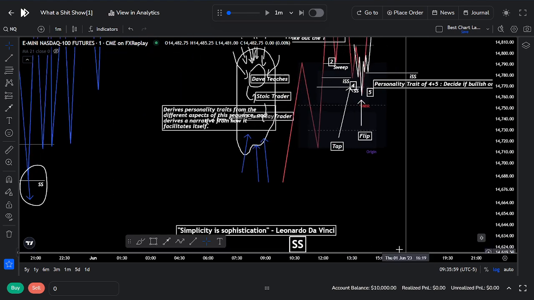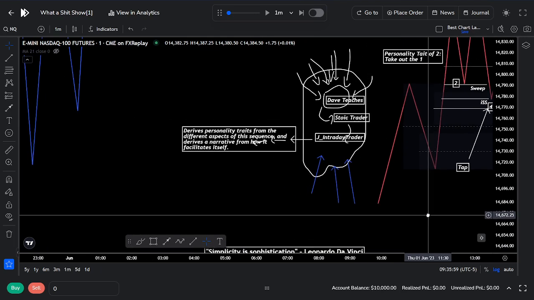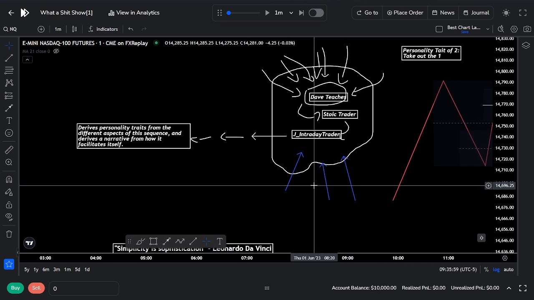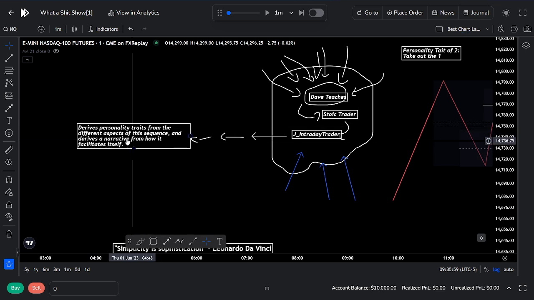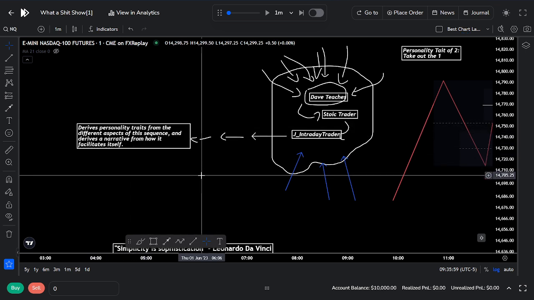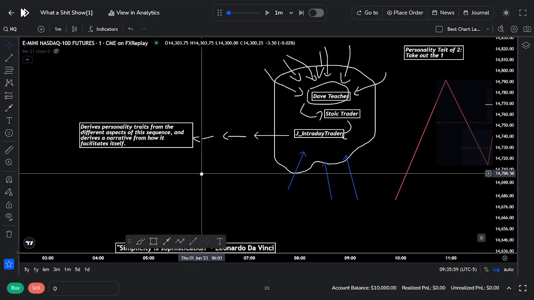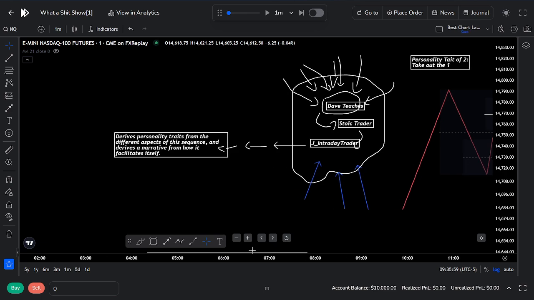And what he did is that for every single aspect of the sequence, you're now able to derive personality traits from the different aspects of the sequence, and how you can derive a narrative from these hyper specific aspects as to create a story for how price can potentially facilitate itself.